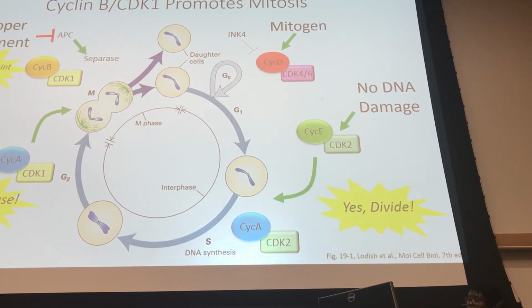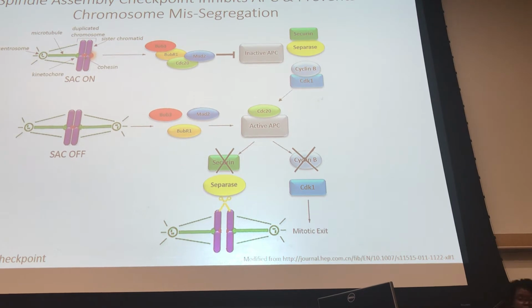However, as we talked about last time, if there isn't proper alignment, that's where the spindle checkpoint is. Just to review: you have this inhibitory complex, these BUB proteins along with CDC20, bound at the kinetochores. If there is proper alignment, and a microtubule is attached to each one of the kinetochores of the chromosomes, these get released.